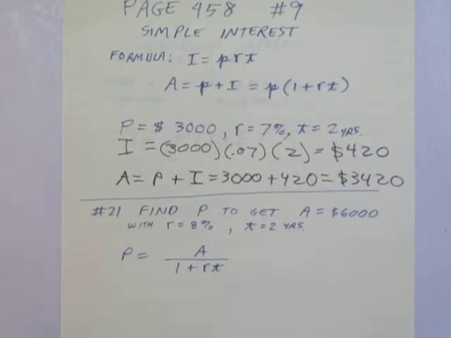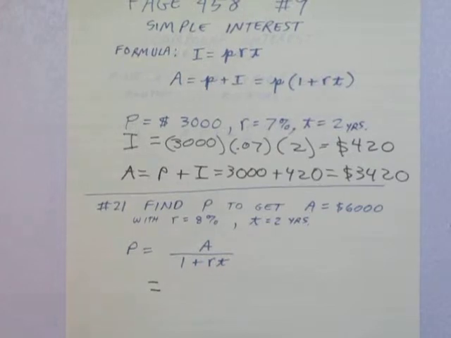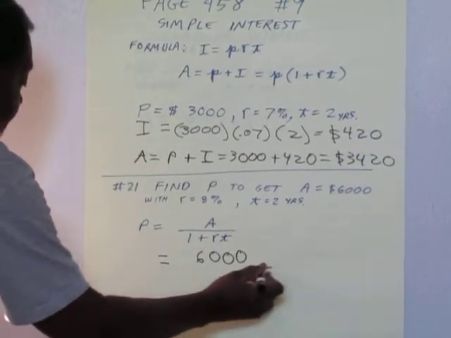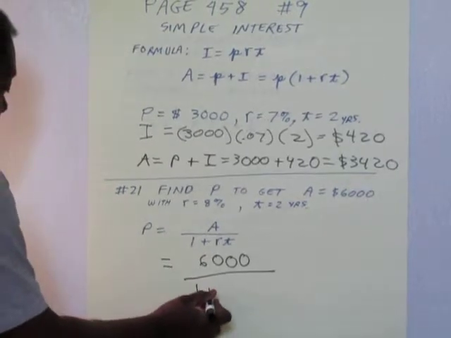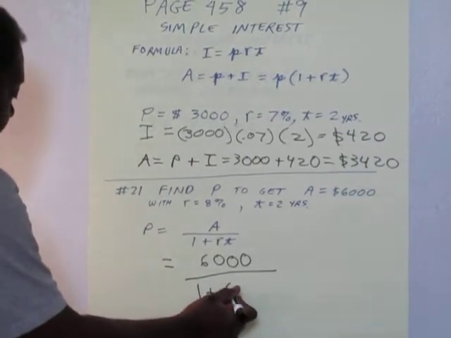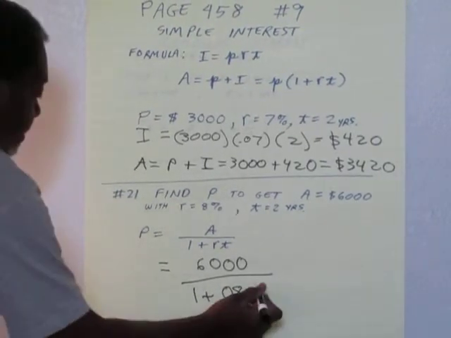Now if we substitute into this formula, we start with 6,000, that is the amount that we want to accrue, over 1 plus the rate 8%, 0.08, times 2 years.